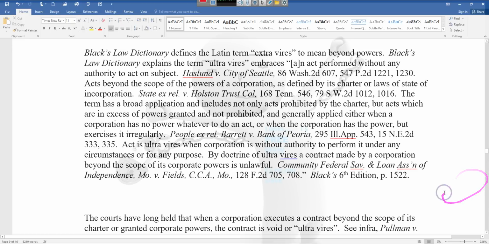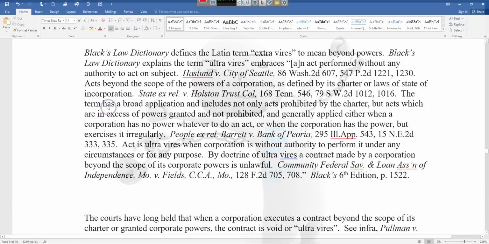Black's Law Dictionary defines the Latin term ultra vires to mean beyond powers. Black's Law Dictionary explains the term ultra vires embraces an act performed without any authority to act on the subject. An act beyond the scope of the powers of a corporation as defined in its charter or the laws of the state of incorporation.